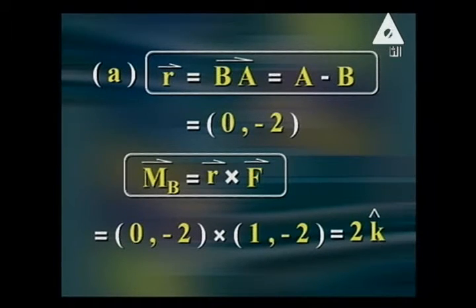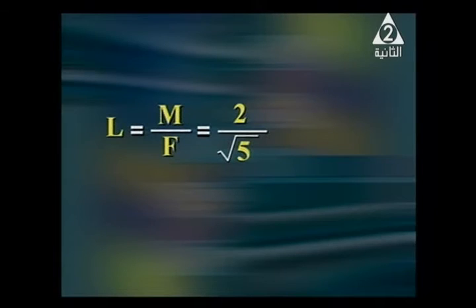This is the moment of the force about point B. What is the length of the perpendicular? It equals M over F, which is 2 over root 5, multiplied by root 5 up and down. The answer is 2 root 5 over 5.